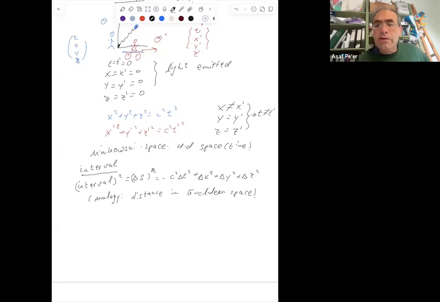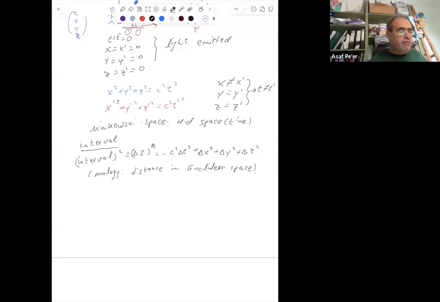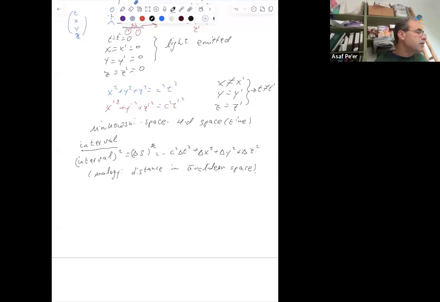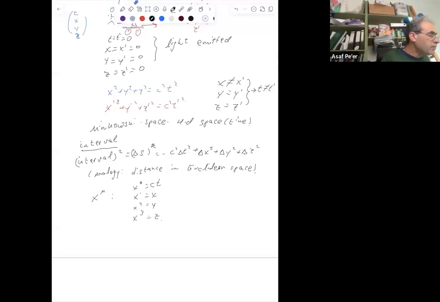Then we started to use some new notation. We define a four-vector of coordinates by x mu with an upper index. Mu goes from 0 to 3. x0 is ct, x1 is x, x2 is y, x3 is z.